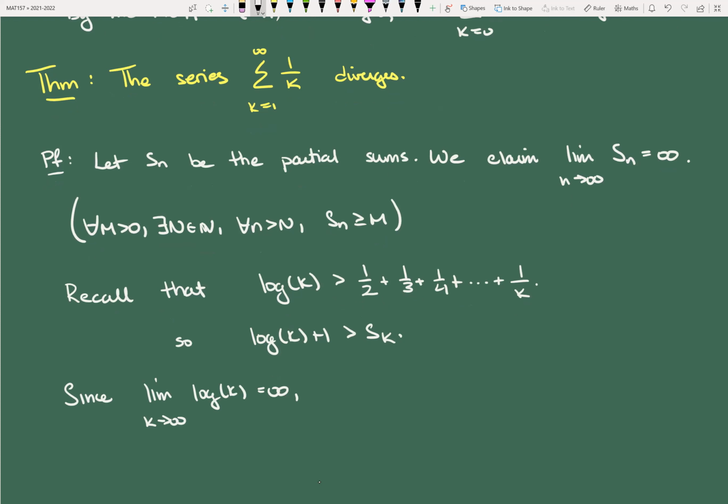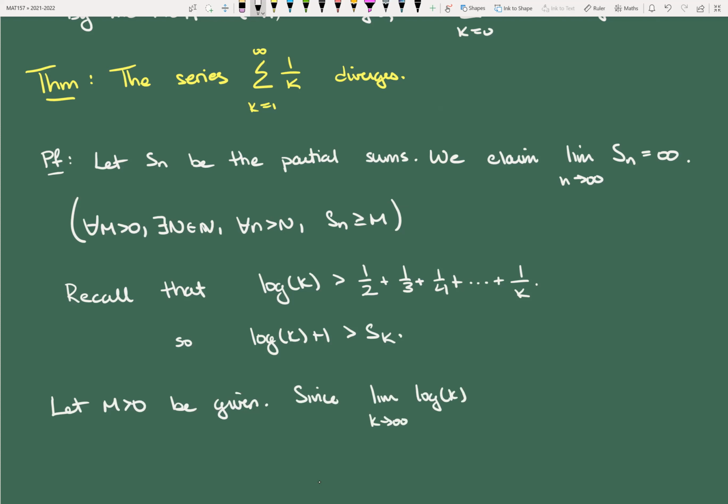well, here, let me maybe phrase this in a slightly different way. So let's say now we actually want to prove this definition. So let m greater than 0 be given. Since log goes to infinity, just because we know the function log x goes to infinity, that tells us log k goes to infinity.